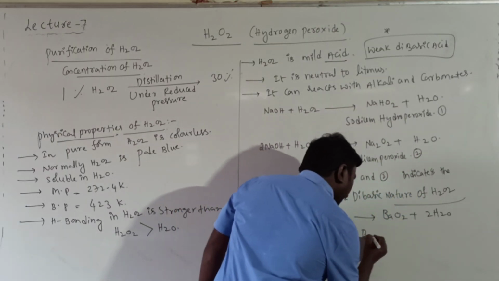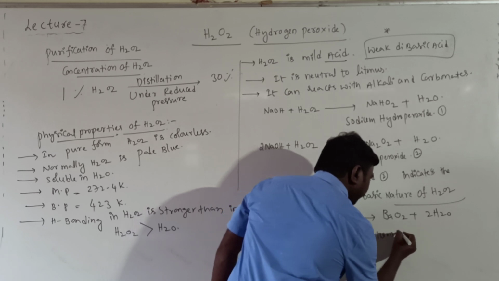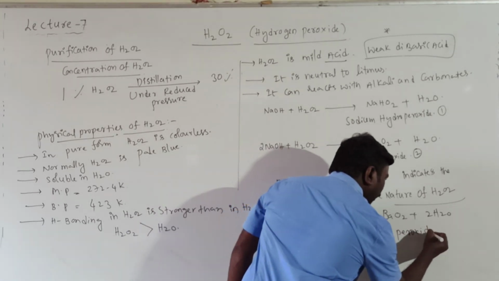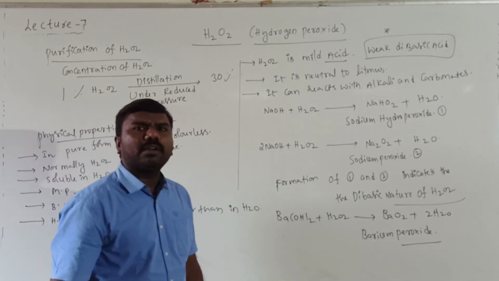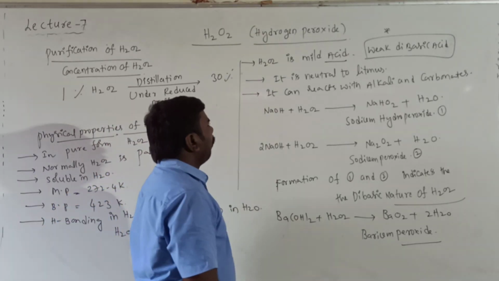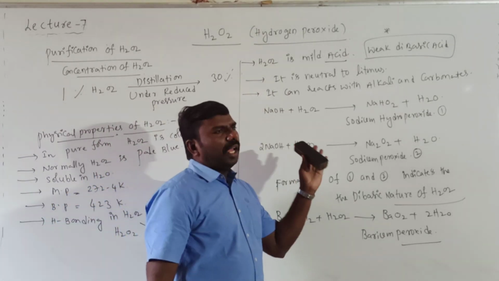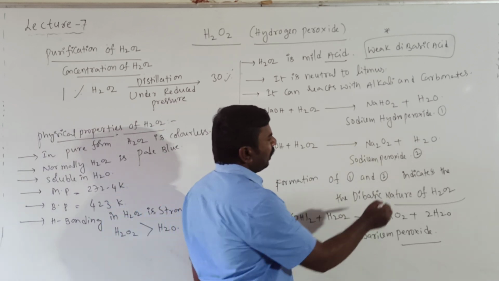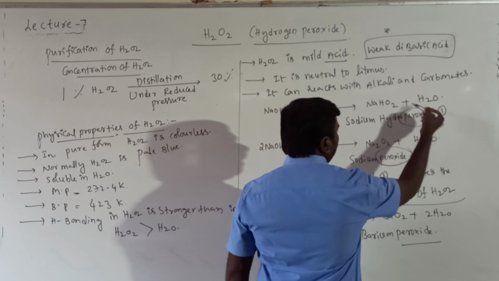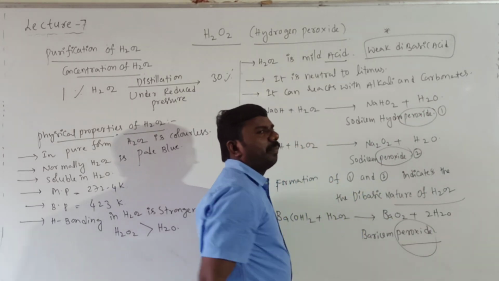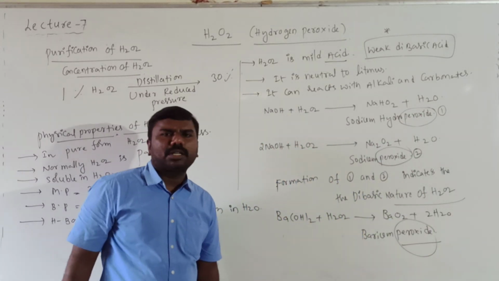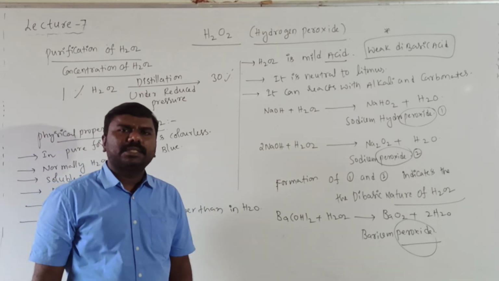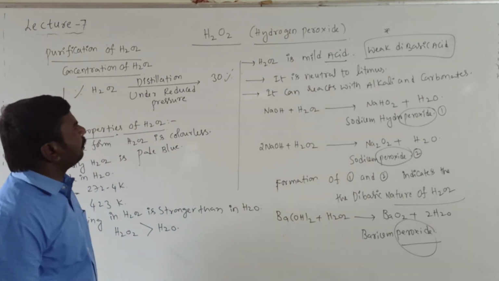It is called barium peroxide. Remember clearly, when H2O2 reacts with bases, it gives peroxides, but not normal oxides.